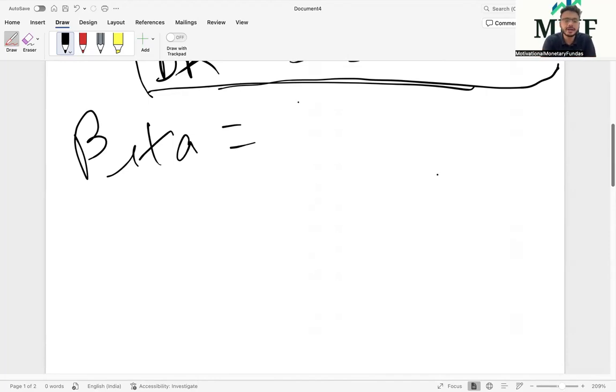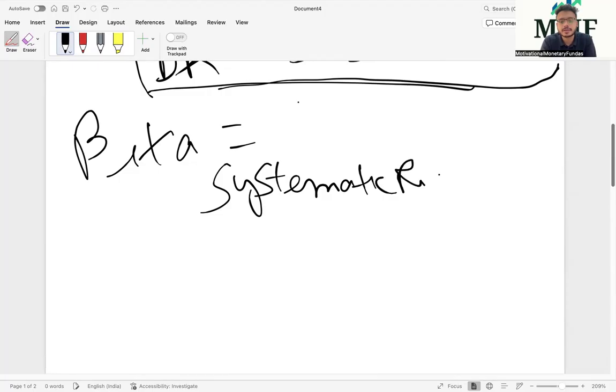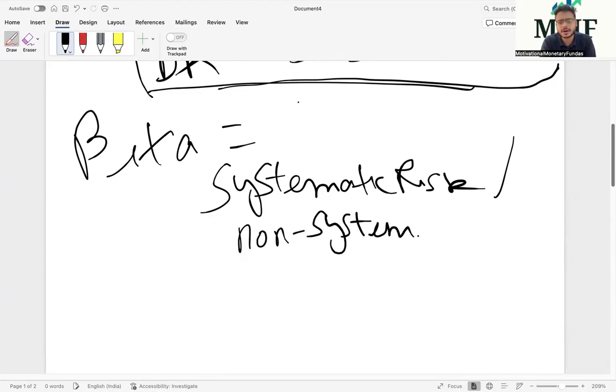Before understanding beta, we need to understand the difference between systematic risk and non-systematic risk. Non-systematic risk is also called unsystematic risk. It is the same thing, okay? There are two types of risk in the market. One is systematic risk, and the second one is non-systematic risk.